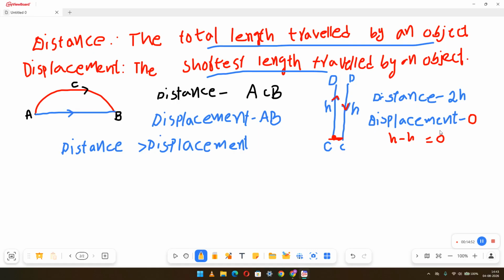It starts from the point C and reaches the point C after some time. Here the stone has distance. It travels some distance, but its displacement is 0.